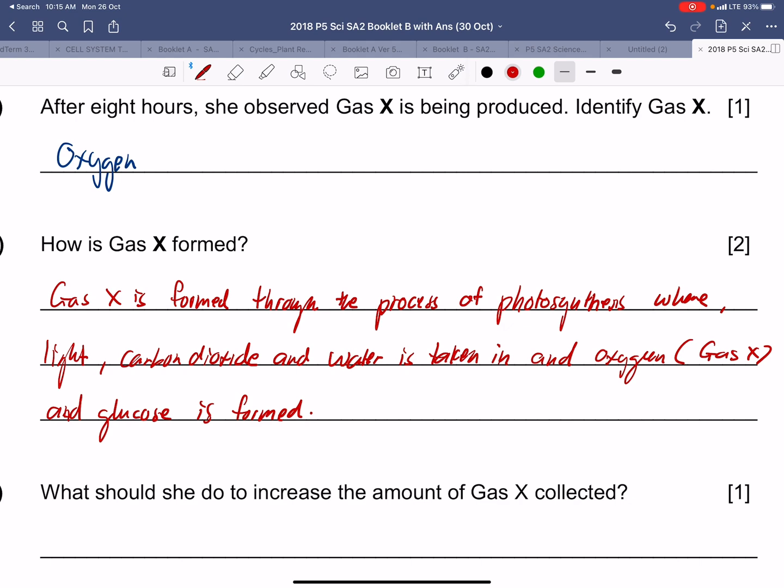In this case, what you can do is something like what I did, I put a bracket gas X. So the examiner cannot fault me in the event that I have identified gas X wrongly. Let's say I say gas X is carbon dioxide, but in my second part of the question, I actually know what is happening and I put a bracket gas X there. Alright?